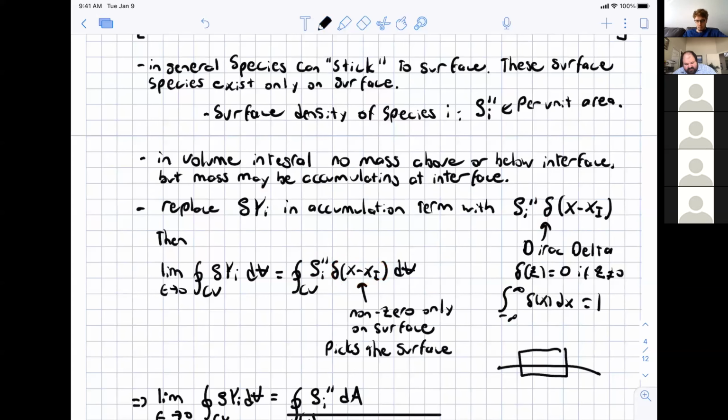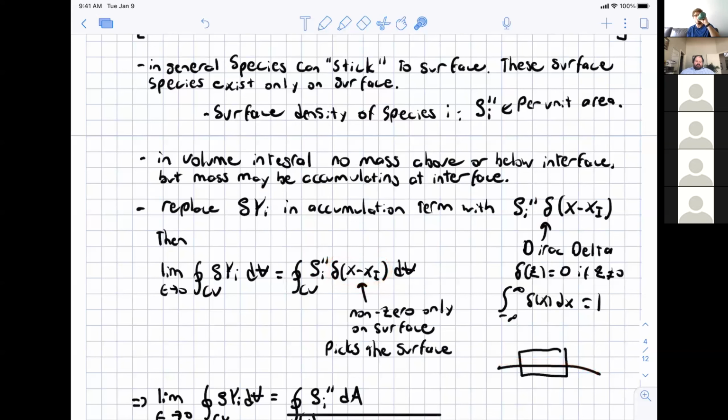So that forces our volume integral to be non-zero only on the surface, and we know the value of the integral is 1. In effect, this is selecting only the surface.